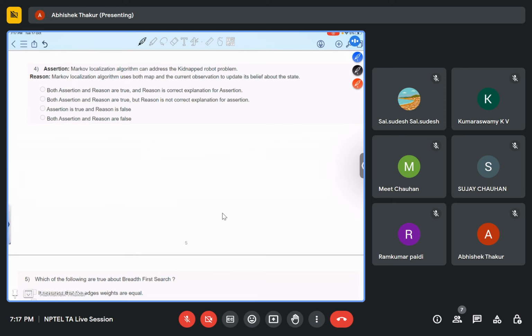So we will see the formula for this Markov localization algorithm. Then we can conclude whether it needs the map information or not.